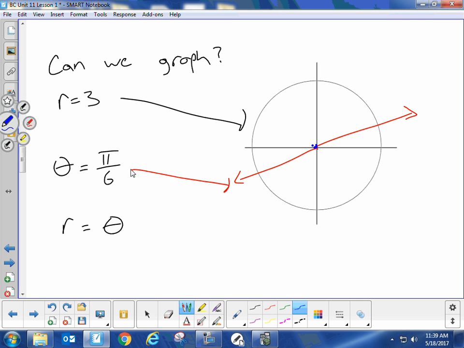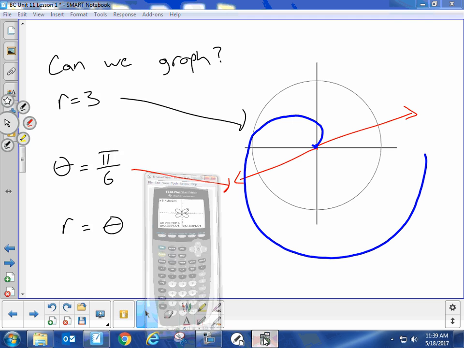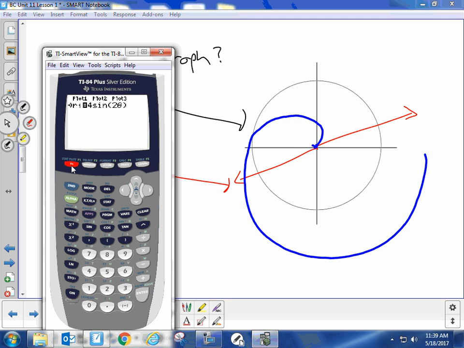We end up with a graph that looks like this. That's what my calculator says. Cool. But it would be even cooler if I did something.